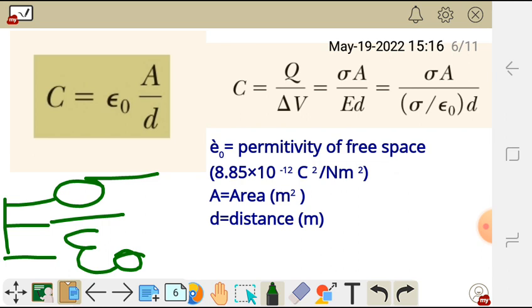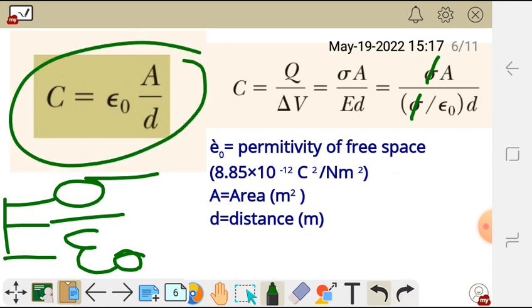Here the sigma, the charge density, is going to cancel, and we remain with this formula, where epsilon is the permittivity of free space, a constant which is 8.85 times 10 to the power negative 12 coulomb squared per newton meter squared. A is the area in square meters, and distance is also in meters.